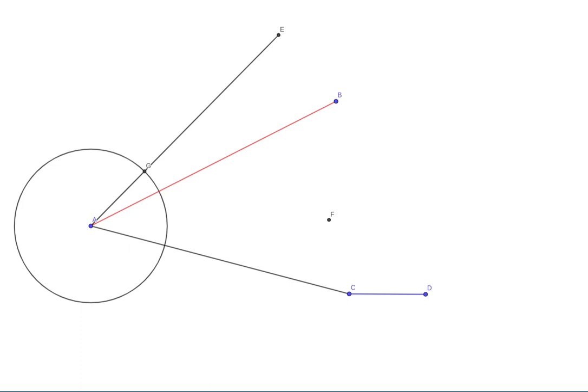And that circle gives us a point of intersection here at H. And from our definition of a circle, we know that AG is going to be congruent to AH.